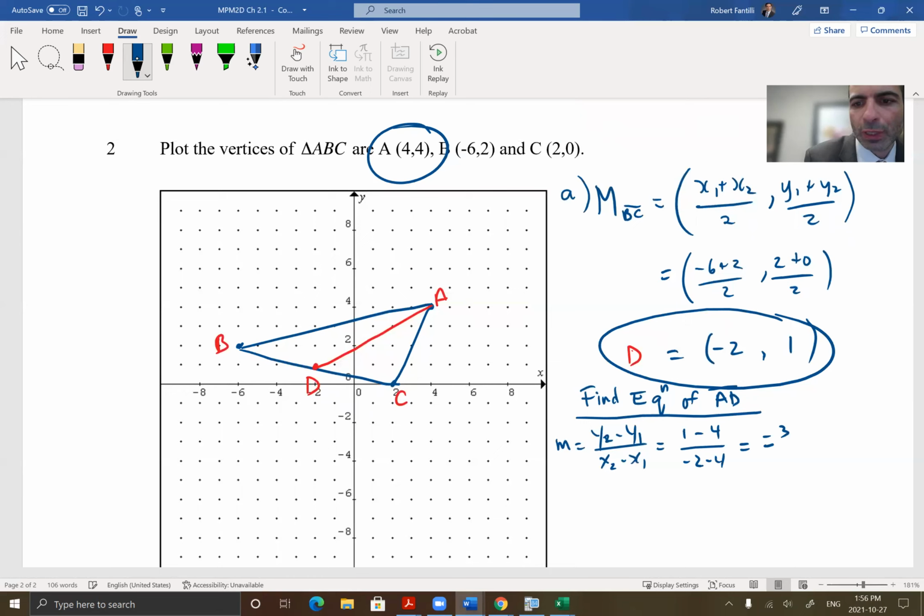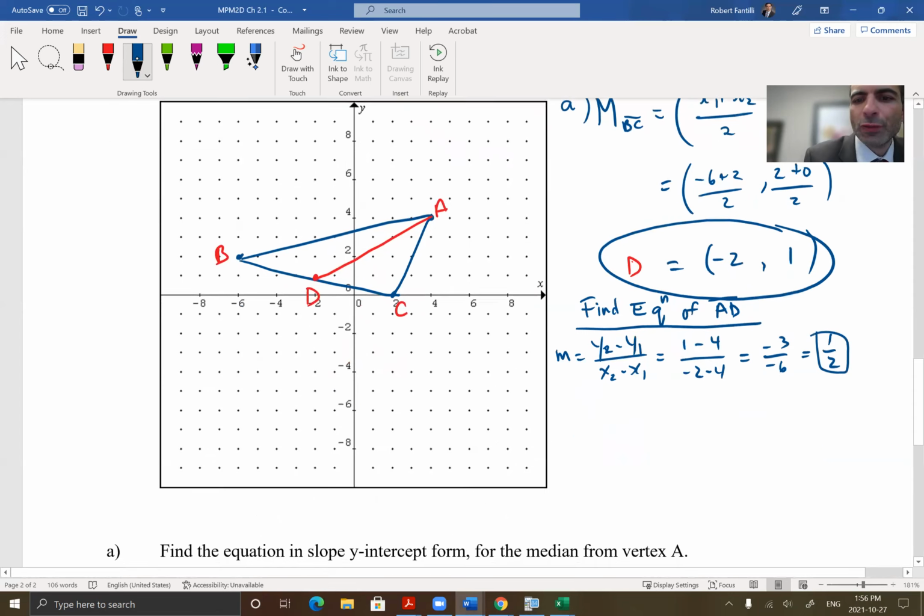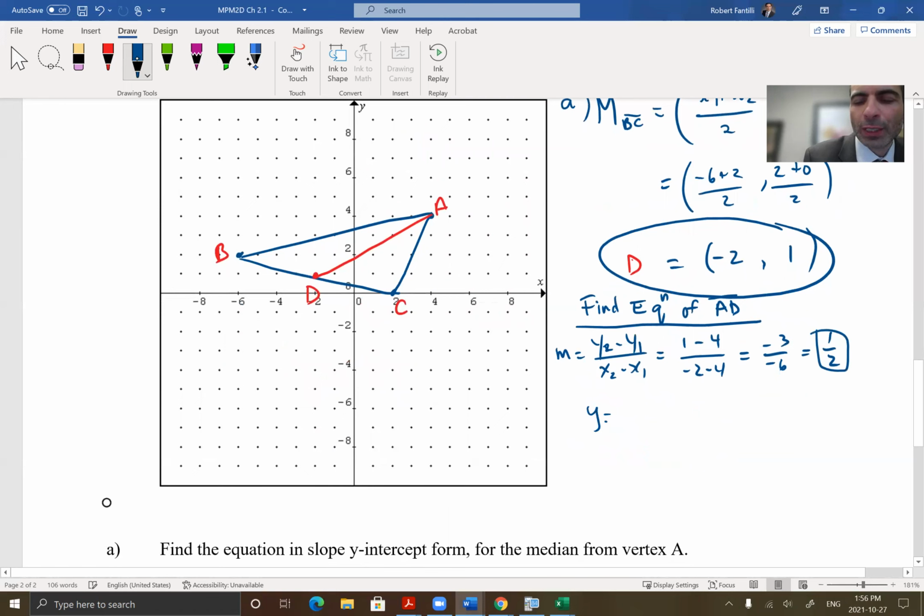That's -3 over -6, so it's +1/2. Now that you've given that, we know so far y equals 1/2 x plus b. Solve for b.